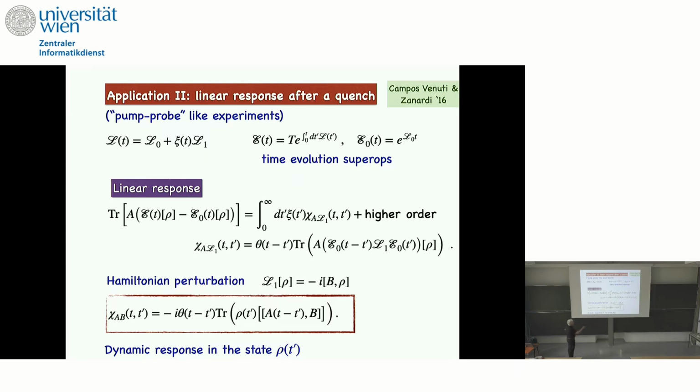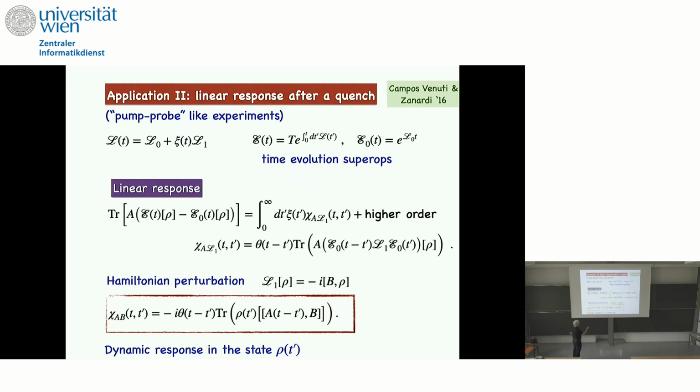And like always in linear response, you go through some algebra. You can rewrite it in terms of an integral over the parameter that parameterizes the perturbation and some susceptibility plus nonlinear response functions, but we just do linear response. And the linear response function just has this form. So it's kind of complicated.